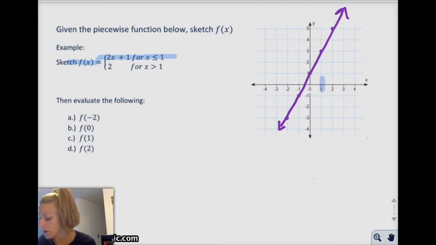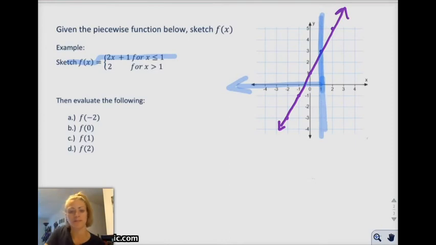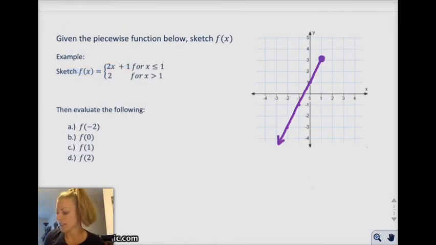Because the function only exists at 1 and anything less than that. I basically need to cut off the graph at x equals 1. And since it's less than or equal to, we know that the function exists at x equals 1, so we have a closed dot there.